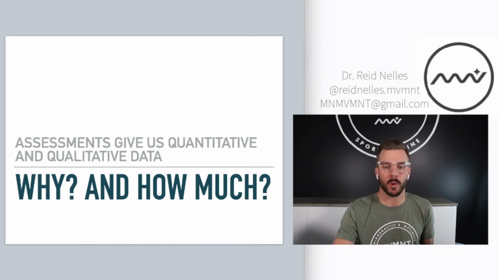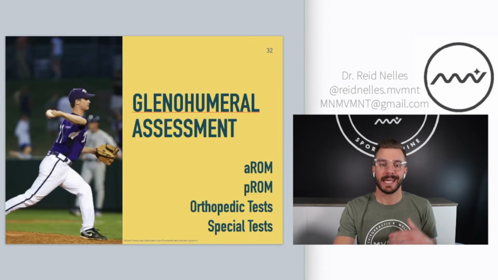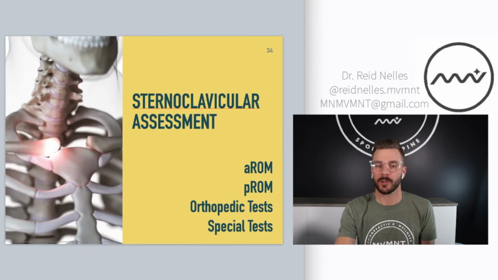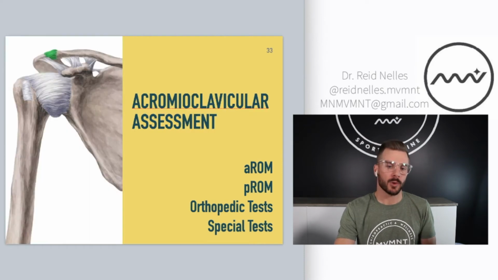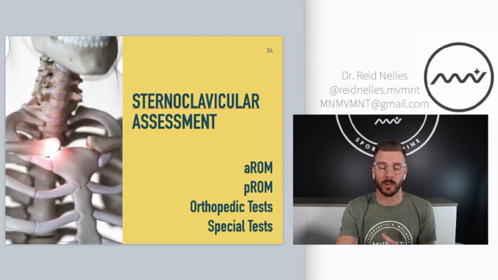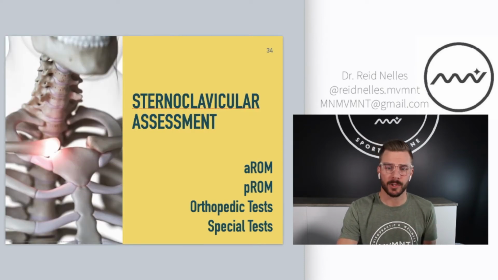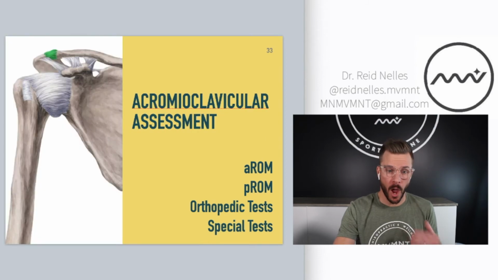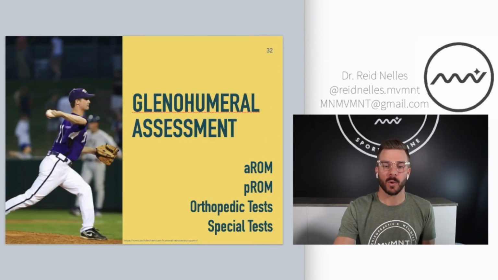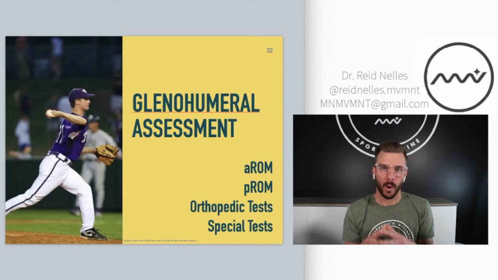So in our full course, we're going to go through a glenohumeral assessment, an acromioclavicular assessment, a sternoclavicular assessment, a scapulothoracic assessment, and we're going through all the active range of motion, passive range of motion, and your orthopedic tests that you learned in school. But how else do we use this? We're not just going to take every single person with shoulder injuries through every single one of these tests. So what we want to think of is what we learned in school.